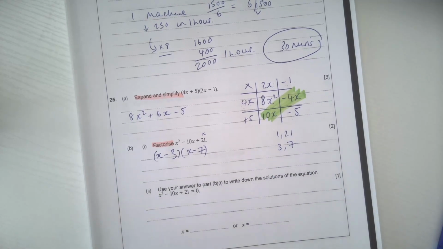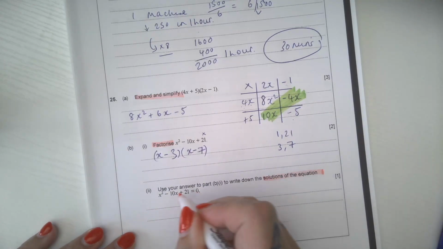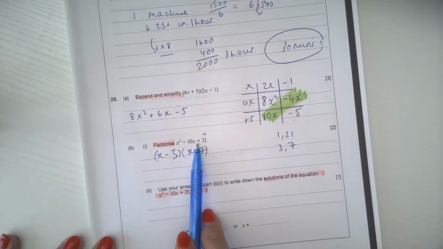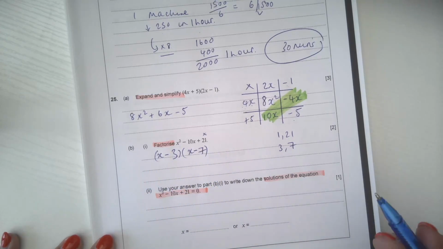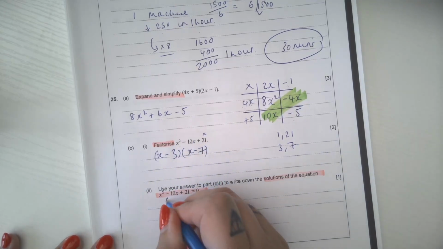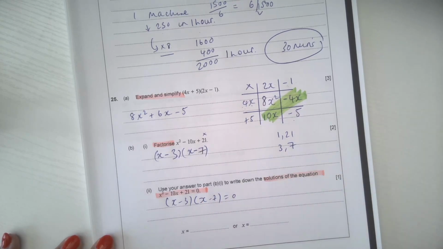Part 2. Use your answer to part B to write down the solutions of the equation x squared subtract 10x add 21 equals 0. So this is the quadratic that we worked with here, and what we've done is we've factorised it. So that's the first step in solving by factorisation. Now if this quadratic equals 0, then we can say that x subtract 3 times x subtract 7 is equal to 0.